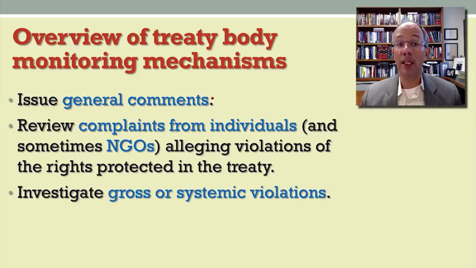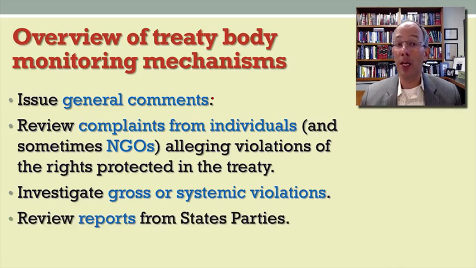They can investigate gross or systemic violations, at least some of the treaty bodies can. And finally, they review and comment on periodic reports from states parties. And we'll look at a number of these different monitoring mechanisms in some detail, focusing in on the second one, complaints, and on the reporting process, the last monitoring mechanism.